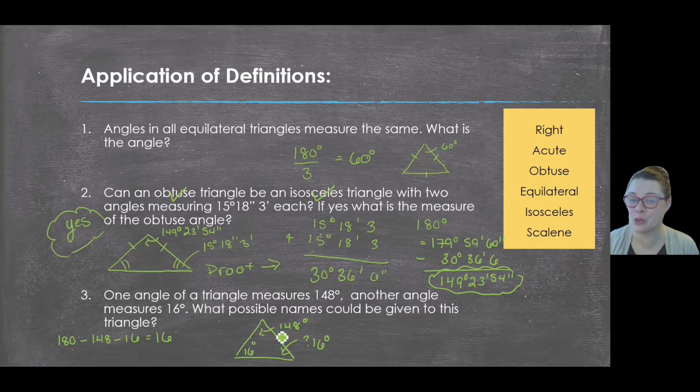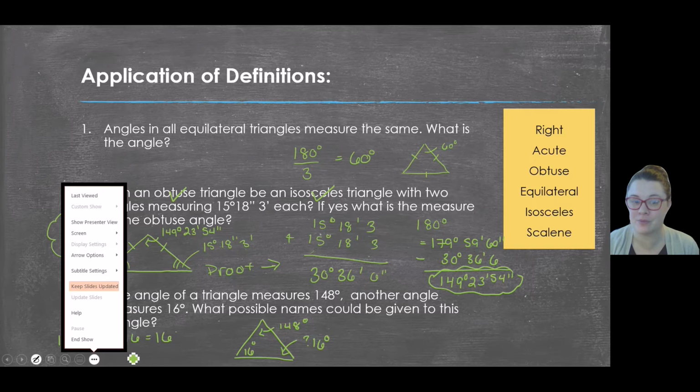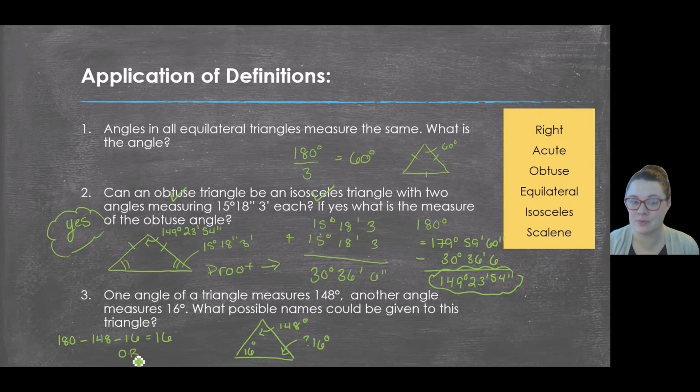So I have an obtuse angle, so that means this is an obtuse triangle. So that's one name we can give it. But it has two angles that are the same, so it must also be isosceles. And this is where I have this list over here to help me spell them.